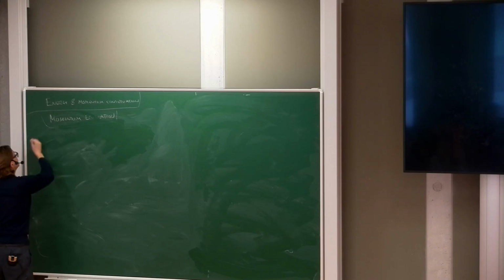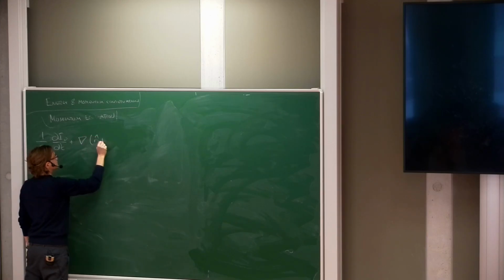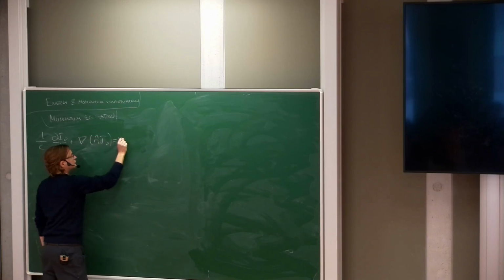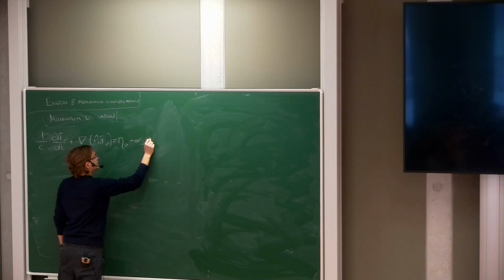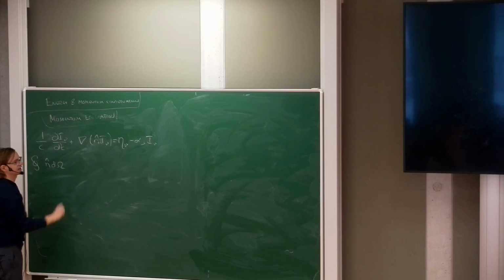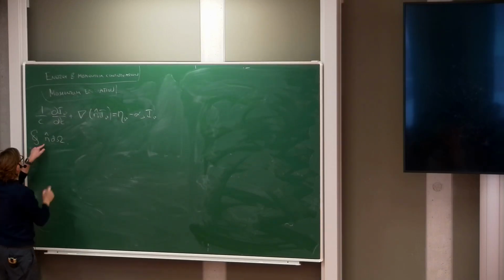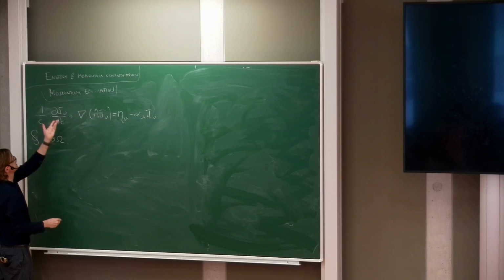So again, we start with our transfer equation in our familiar form. Now we integrate again, but we integrate over n hat dOmega instead. We use the same logic as before, but we integrate this whole equation over n hat dOmega.